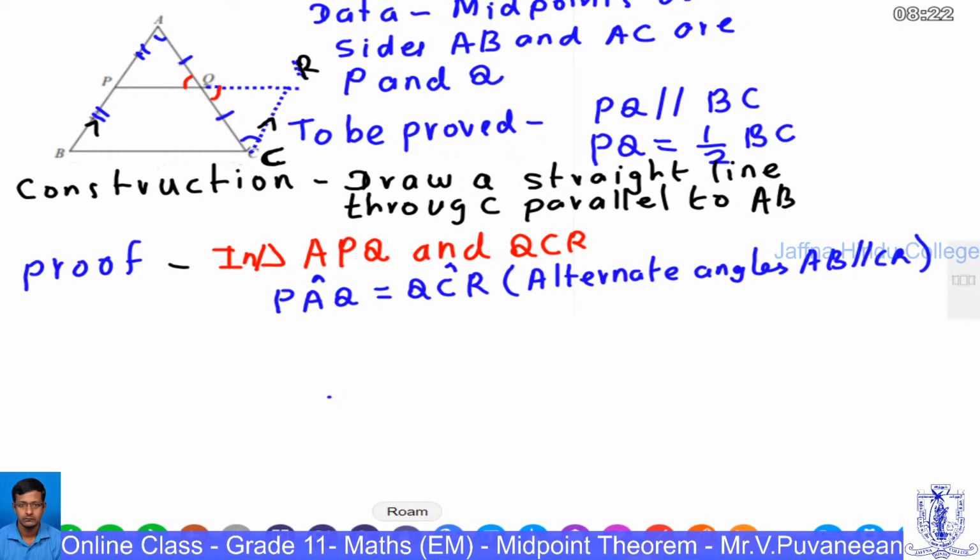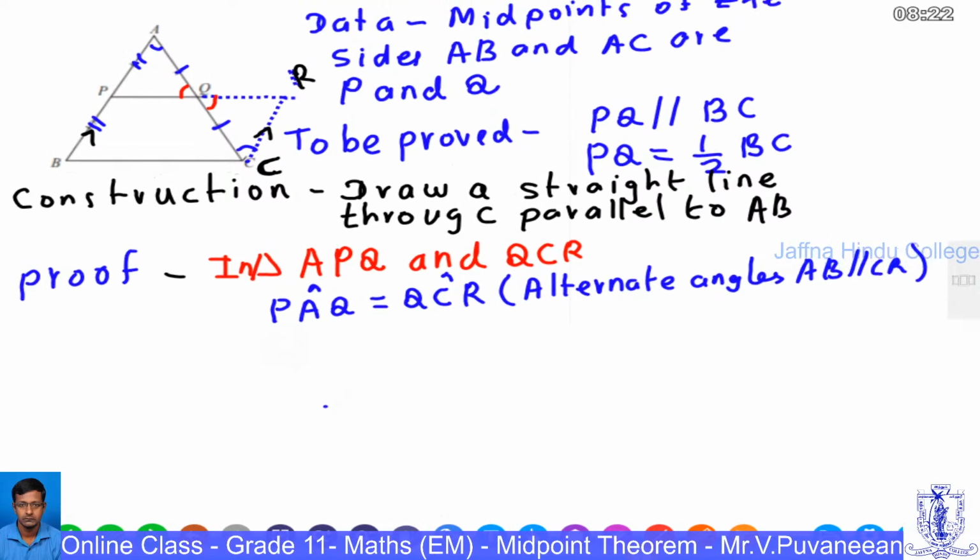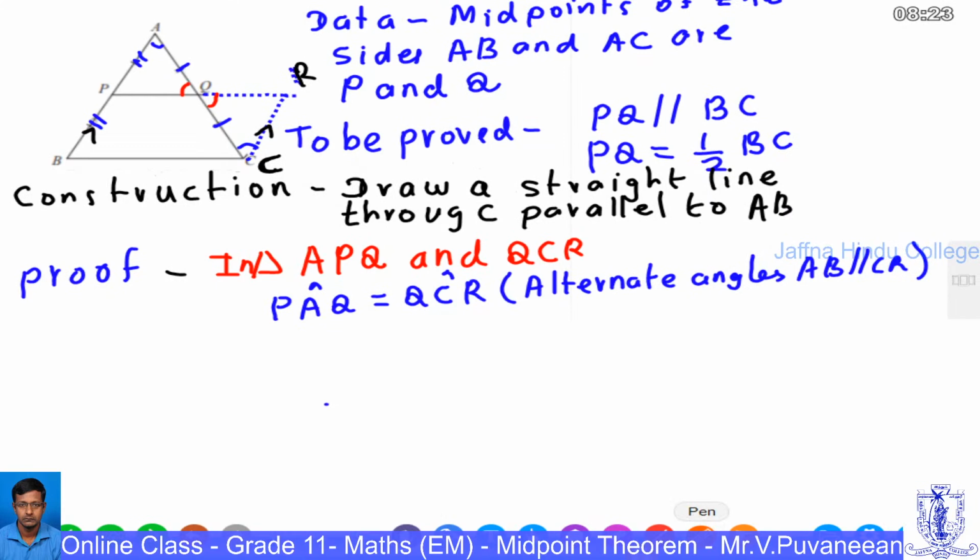Another one, next angle AQP equal angle QCR, vertically opposite angles, you know.